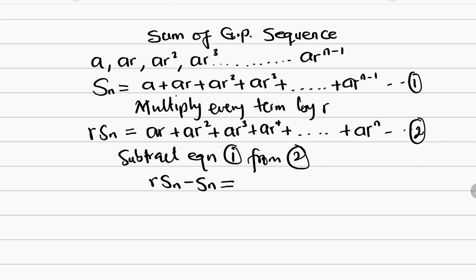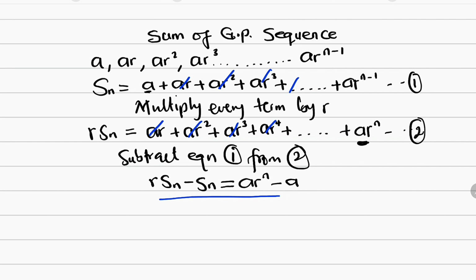And from the right hand side, if you subtract equation 1 from equation 2, all other terms will vanish except the last term here from equation 2 and the first term here from equation 1, because you can see that ar will cancel ar, this will cancel this, in that order all the middle terms will cancel except the last terms. So we have ar to the n power minus a.